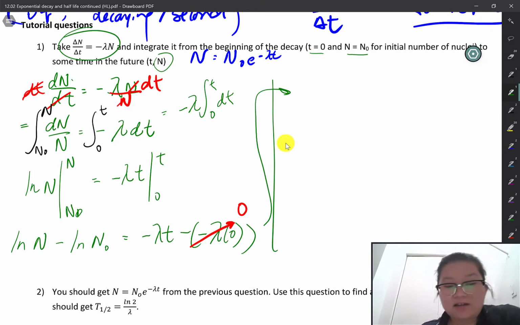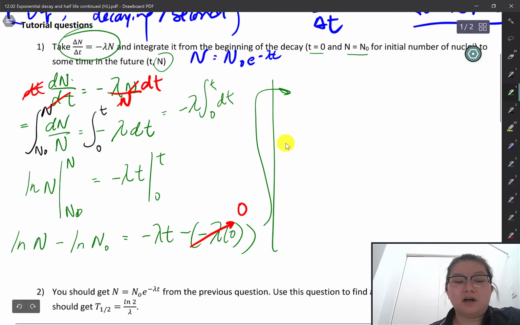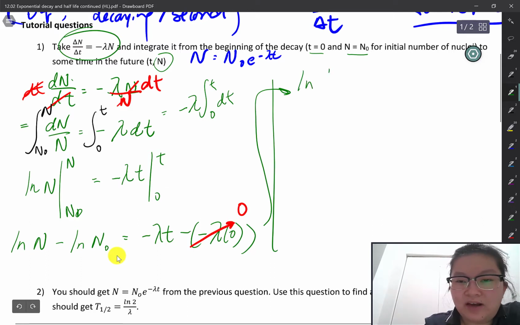Which means we're going to be left with, okay, more space on this side, and so here you're really going to need to know your natural logs and your exponent laws, but for logs. If we're subtracting two natural logs, it's the same as combining them, so you have n divided by n naught.